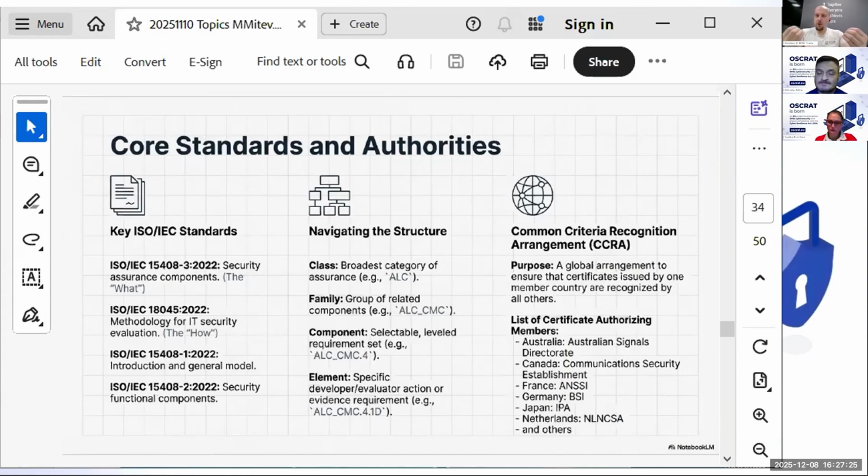Now, this is basically the European Union incarnation of the Common Criteria, the scheme that uses the rule book and defines how certificates are issued, maintained, and recognized across the Union.